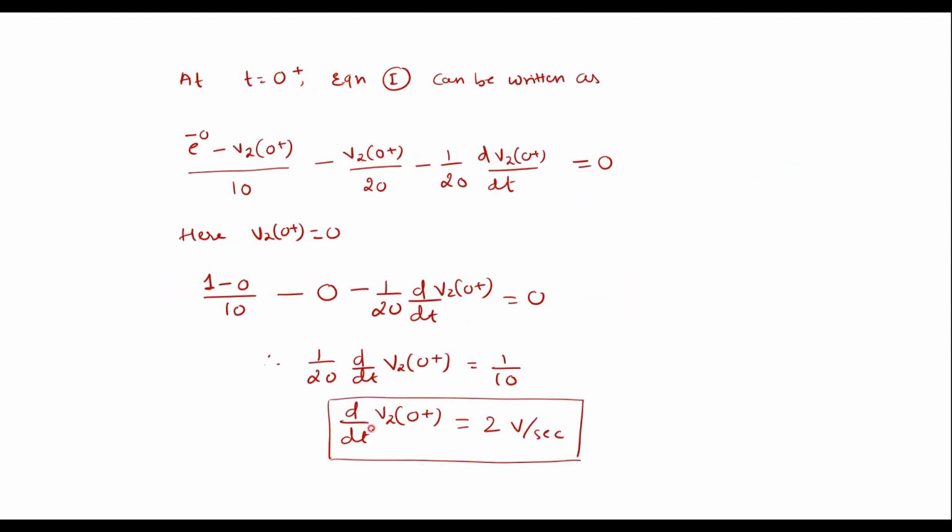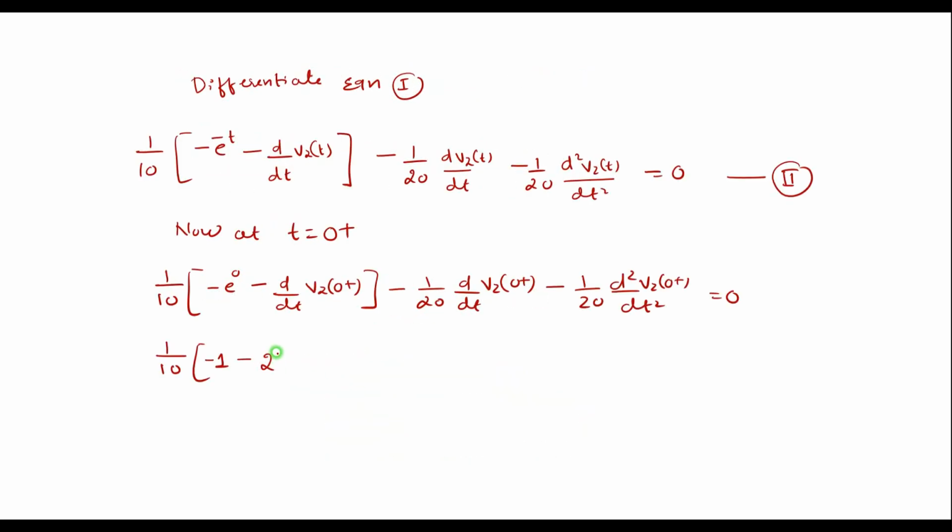So already we found d by dt V2 of 0 plus, that is 2, minus 1 over 20, we have d square V2 of 0 plus by dt square is equal to 0.